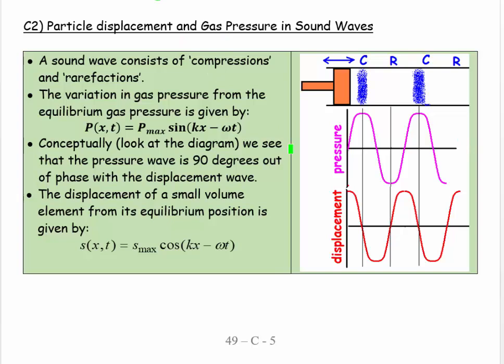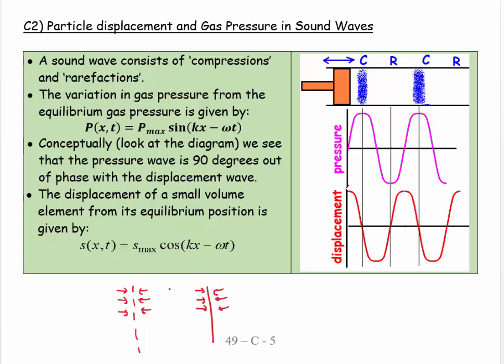But now if you ask yourself, hold on, how do we get this high pressure? Well, if that's the point at which there's going to be a high pressure, then I get the high pressure because particles move towards it from both sides. And over here, if I have another high pressure, then particles move towards that from both sides.